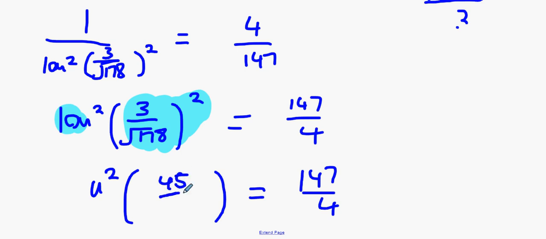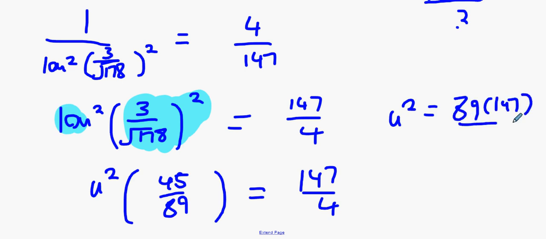Now, the next part. Bring the 89, multiply by the 147, and bring the 45 and multiply by the 4. So we're going to get u squared equals 89 by 147, and 45 multiplied by 4. And then we can get u squared on its own. Any takers?